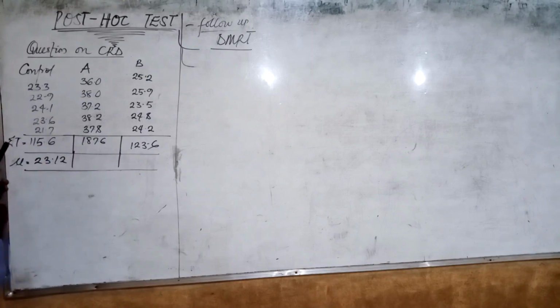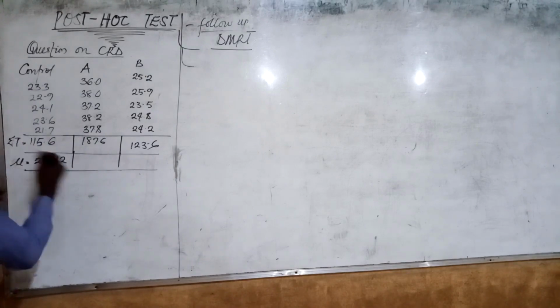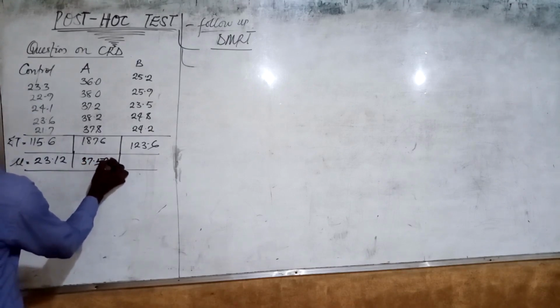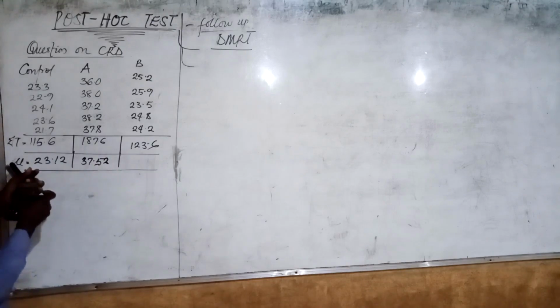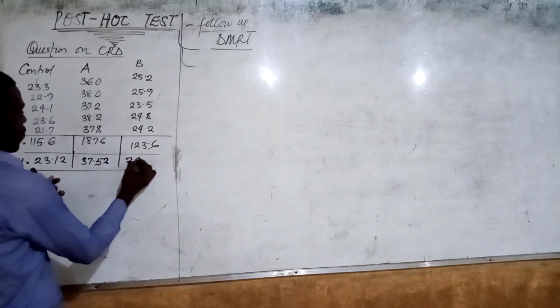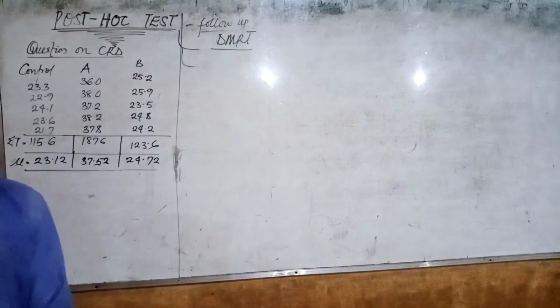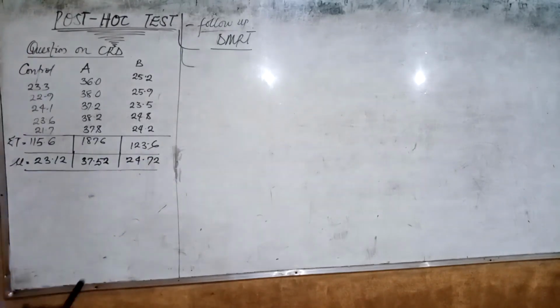187.6 divided by 5 still, we have 37.52. Then 123.6 divided by 5 gives 24.72. So what we basically want to analyze is which of these means are significantly different from each other.